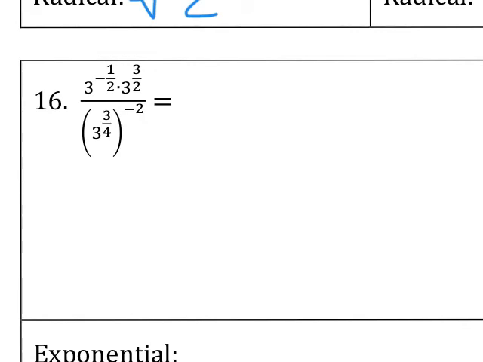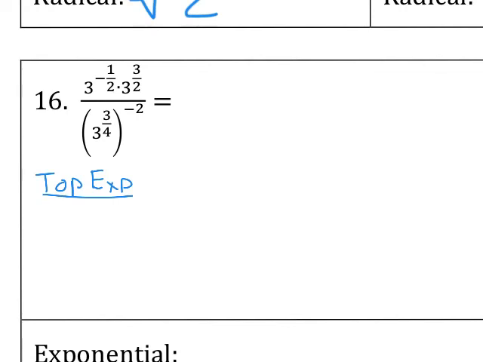Okay, so let's just focus on the top for a second. What operation is happening on the top? Multiplication. So what are we doing with exponents on top? Adding them. Okay. So I'm just going to put top exponent, so that I keep myself sane.